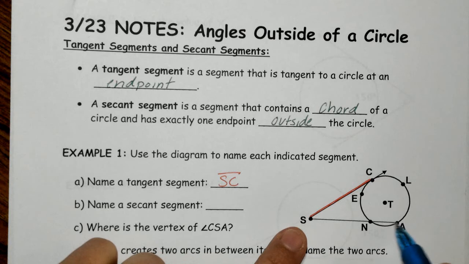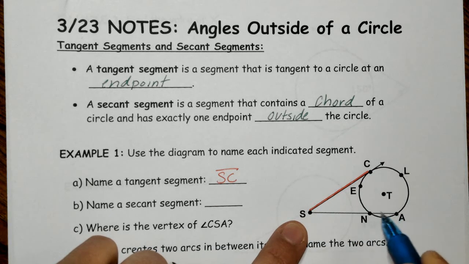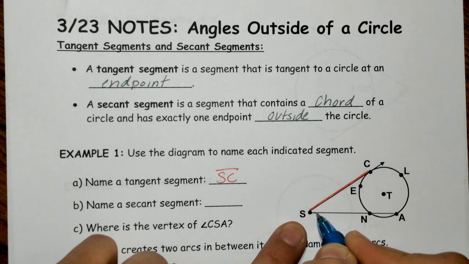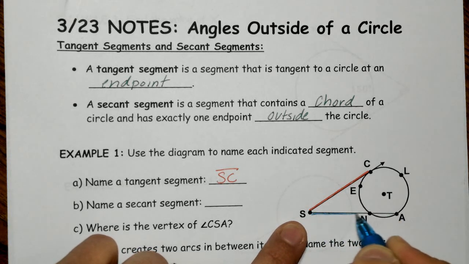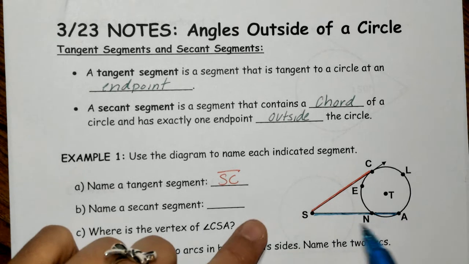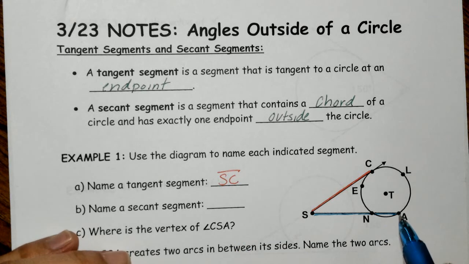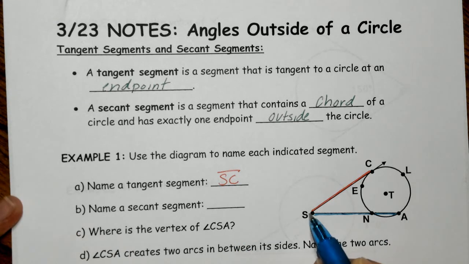We've got our chord, but it does go into slicing the circle, including this chord. So it's going to be this entire segment right here, segment S all the way to A, because if we just stop at N, we just have a segment. We have to slice into the circle. That's the secant slices. So we have segment SA, not SN, not NA, segment SA.